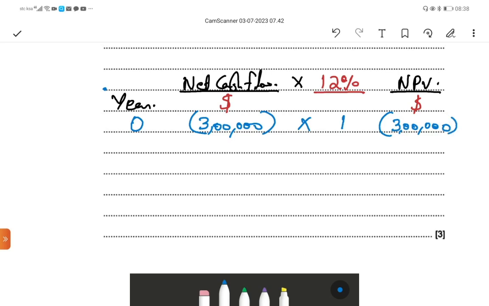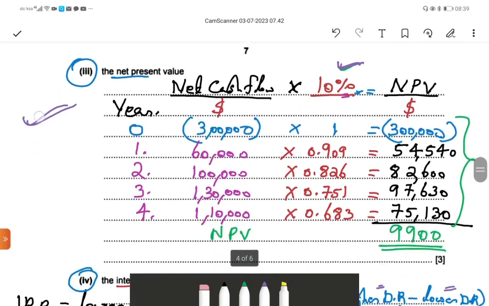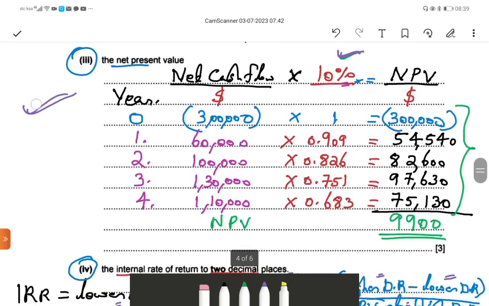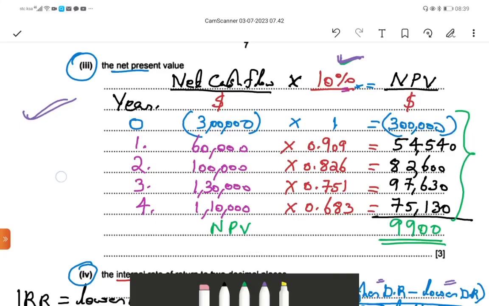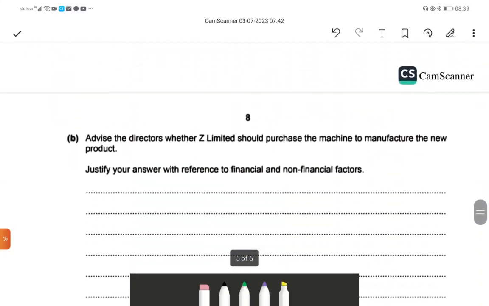Next year 1, 2, 3, 4. The net cash flow we already calculated, the same as before, but only the discounting factor will change. We will multiply with the 12% discounting factor.